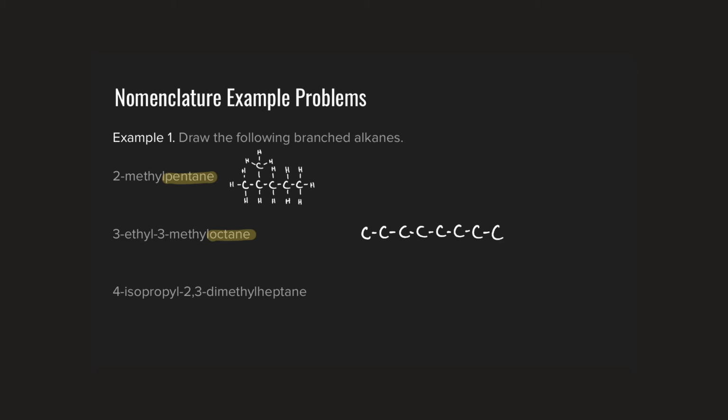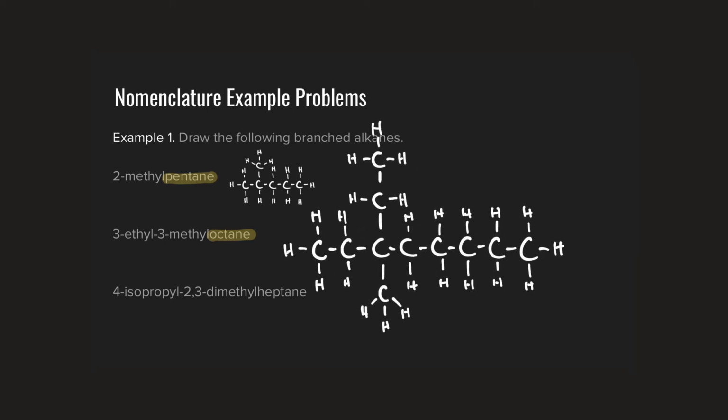So on the 3rd carbon, it looks to me like I have 2 separate chains coming off of that 3rd carbon, one of which is an ethyl group, that is a 2-carbon side chain, and one of which is a methyl group, that is a 1-carbon side chain. So having now put my side chains onto that 3rd carbon, I can now go ahead and saturate the rest of those carbons by filling them in with hydrogens wherever possible. And this gives me, therefore, the structure for 3-ethyl 3-methyl octane.